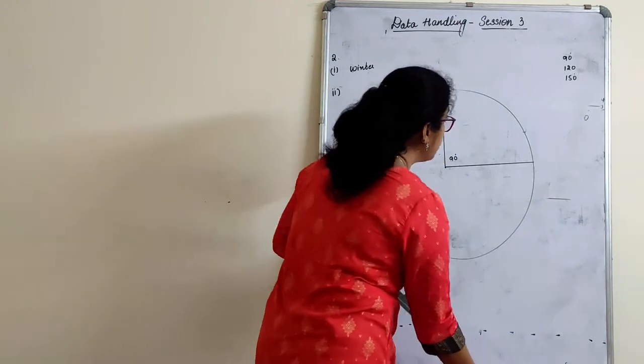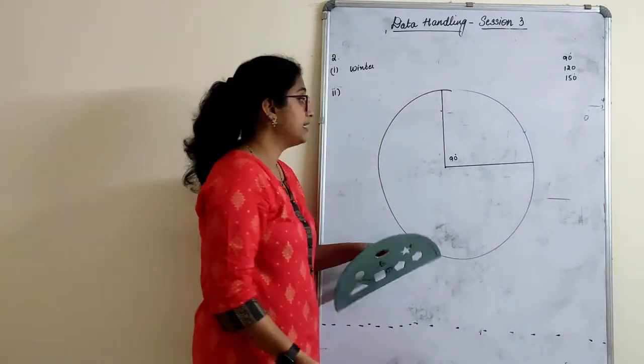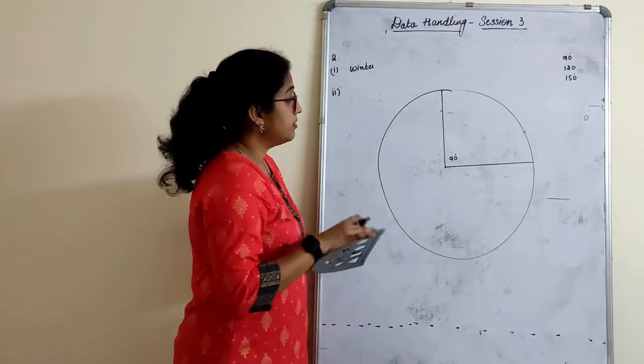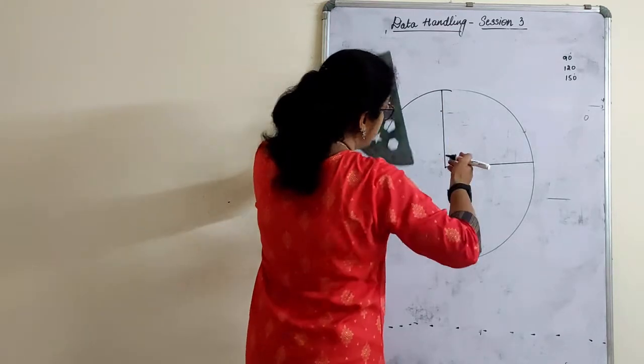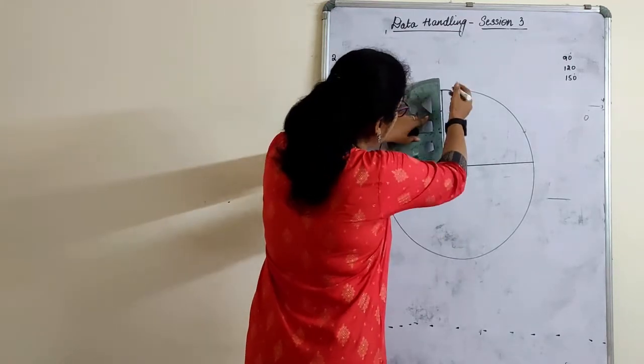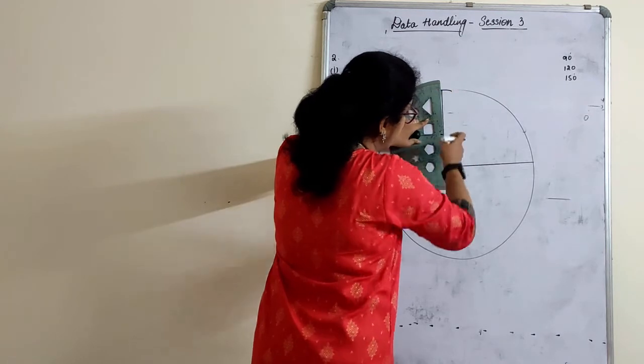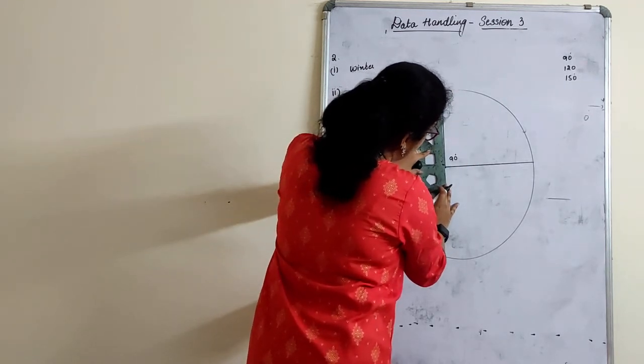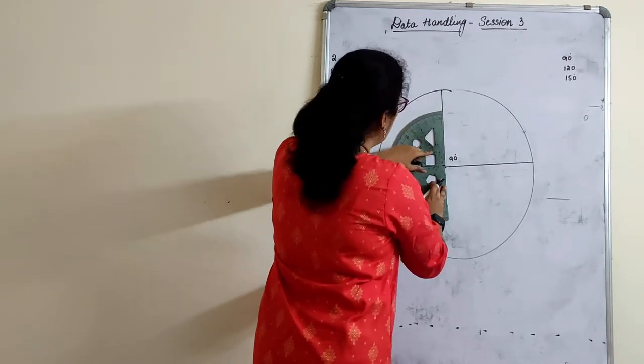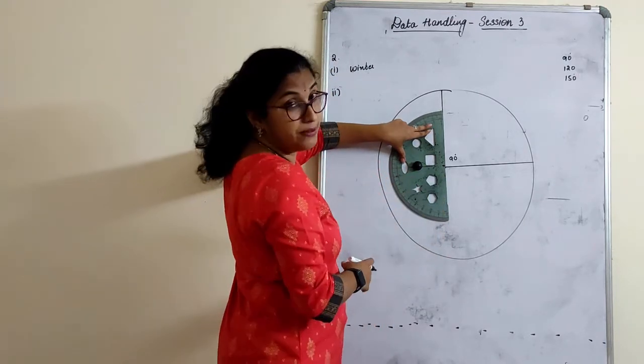Next. What is my next angle, children? 120. Now what is my base? This is my base. My protractor line should coincide with this, and my center should come again here. Now 120 degree is an obtuse angle.